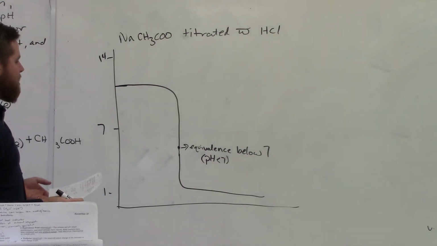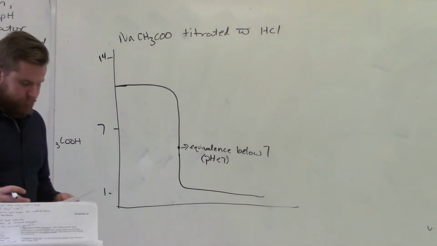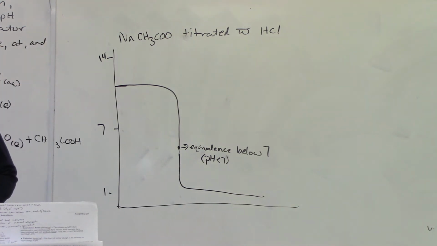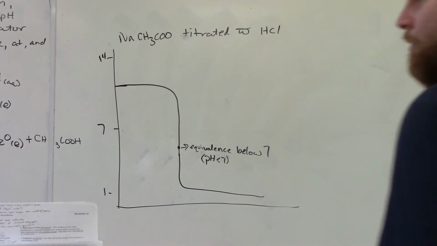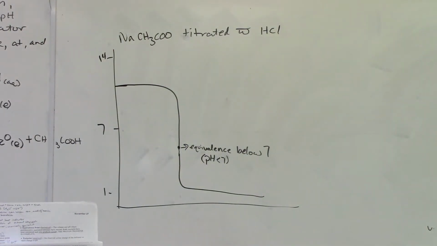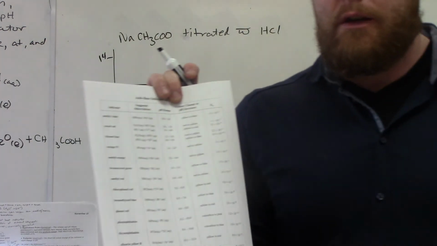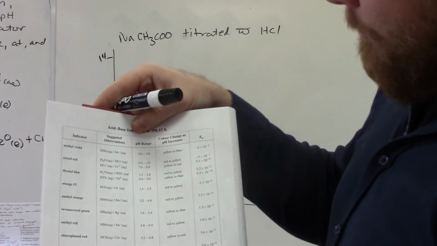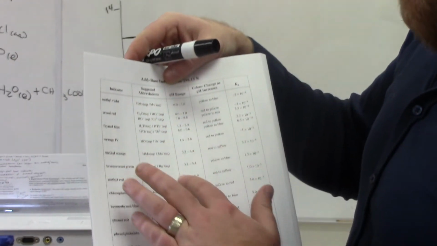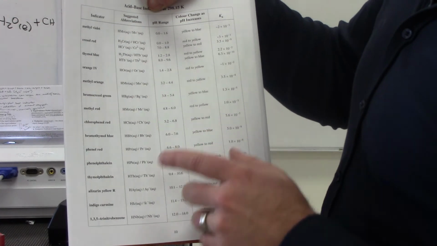All right, and I should pick an appropriate indicator. Where do I need my data booklet? Okay, if I look at my acid base chart on page 10 of my data booklet, right here, I'm going to pick something that has an endpoint or a color change slightly lower than 7.